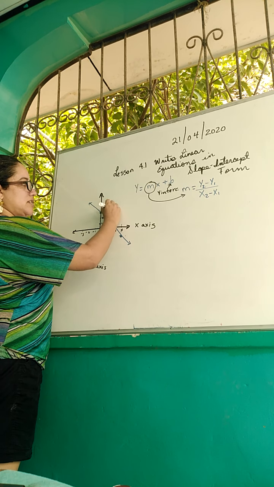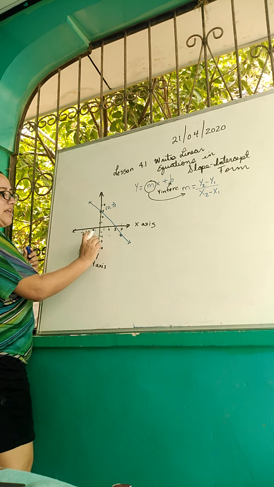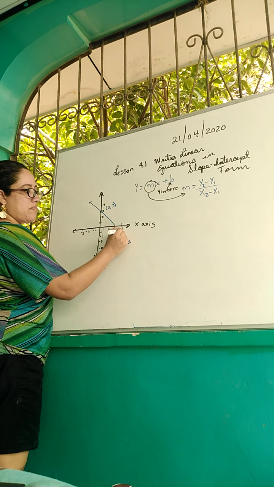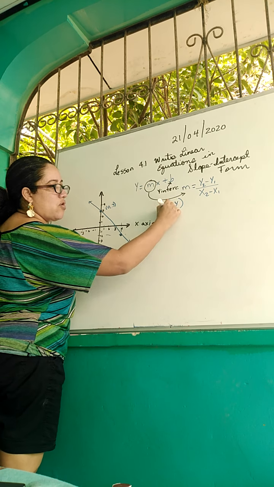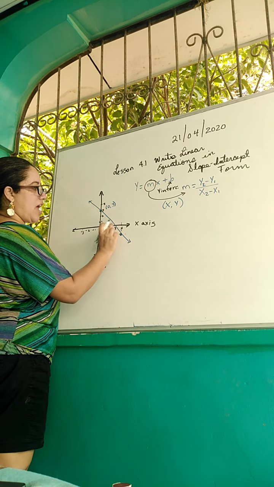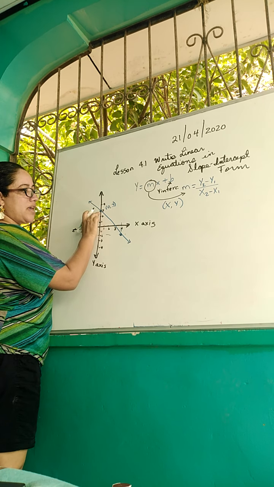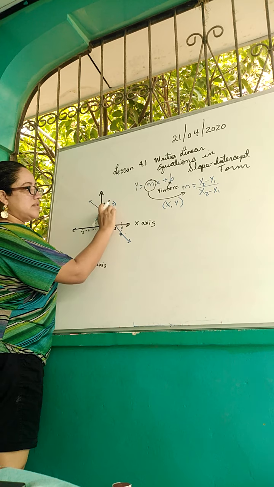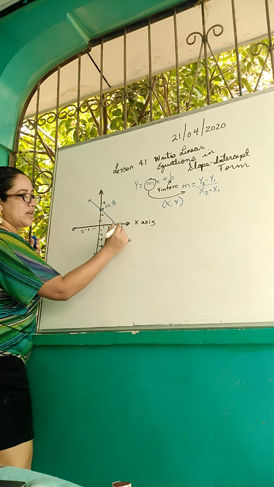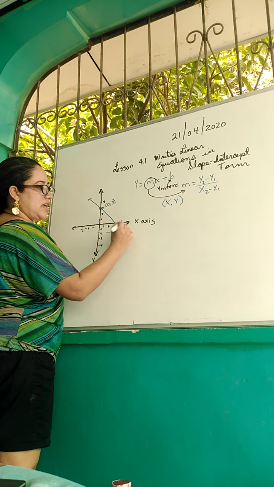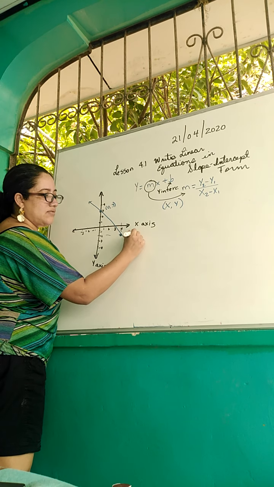The coordinate is 0 and positive 3. Remember, whenever you do a coordinate, it is first the x and then the y. What is the x if it's touching the y? It is 0, and this is a 3 because it's a positive 3. Then the other point is 4 and negative 2.